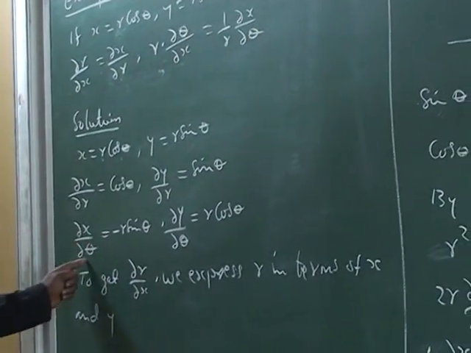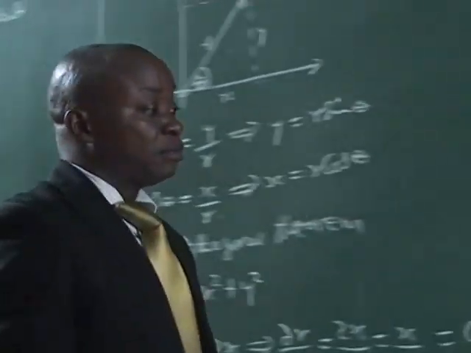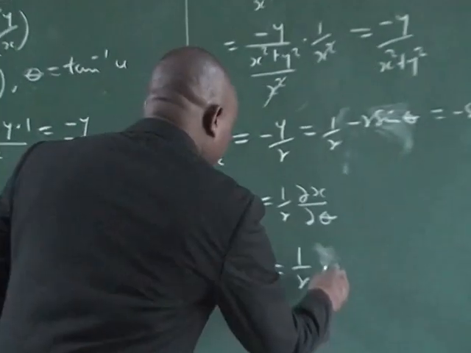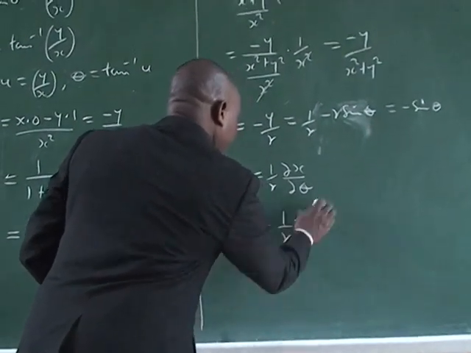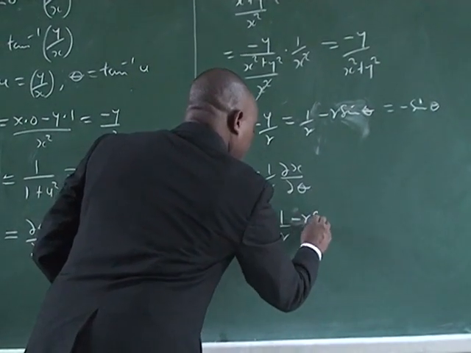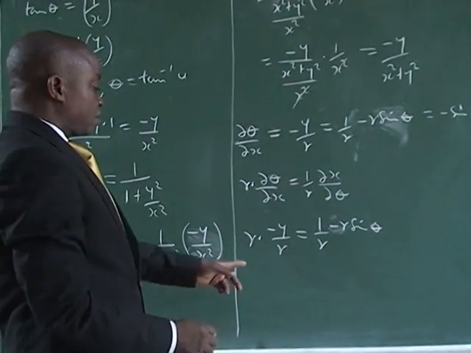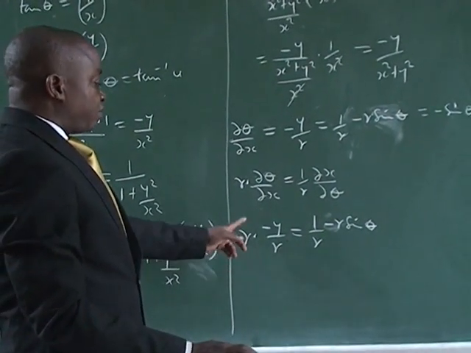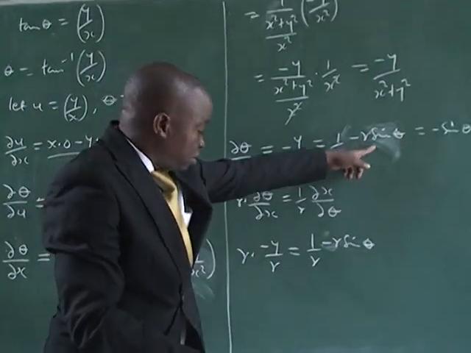We go back to our definition and look at partial x over partial theta, which is minus r sine theta. Now look at this definition.